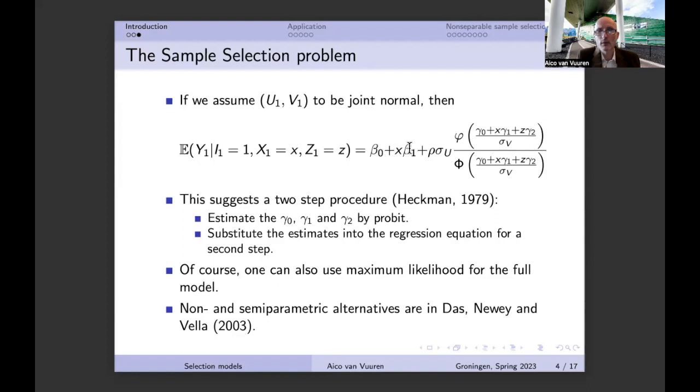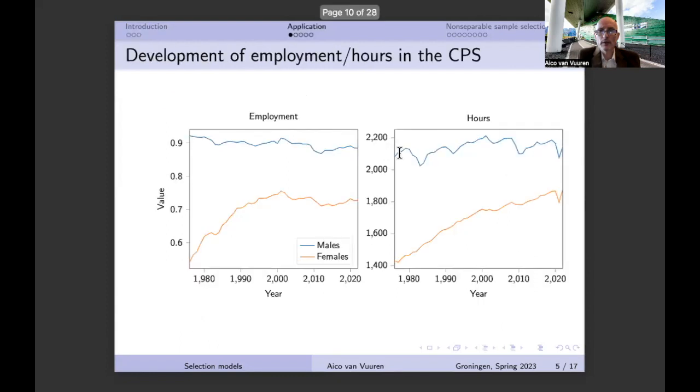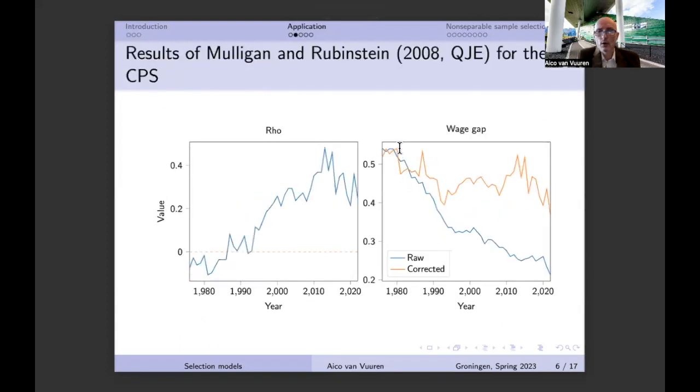Given that beta 0 and beta 1 are now consistently estimated, they give us the wages that we are going to get for everybody after having taken sample selection into account. So for the working individuals, but also for the non-working individuals. That means, of course, that we can take the mean of y, just looking at these things that we have over here. That's exactly what we do in this orange curve that we have over here.